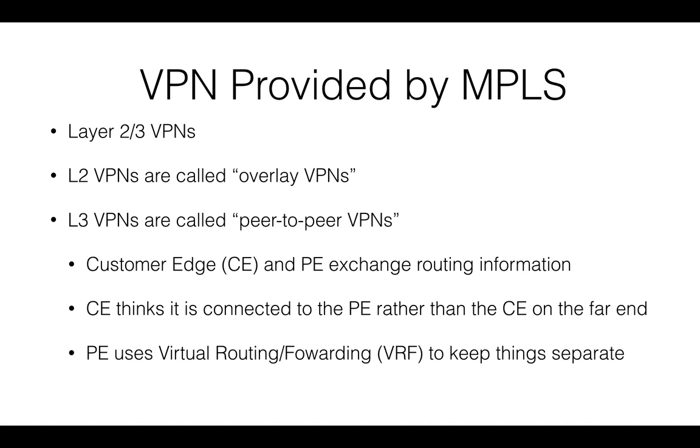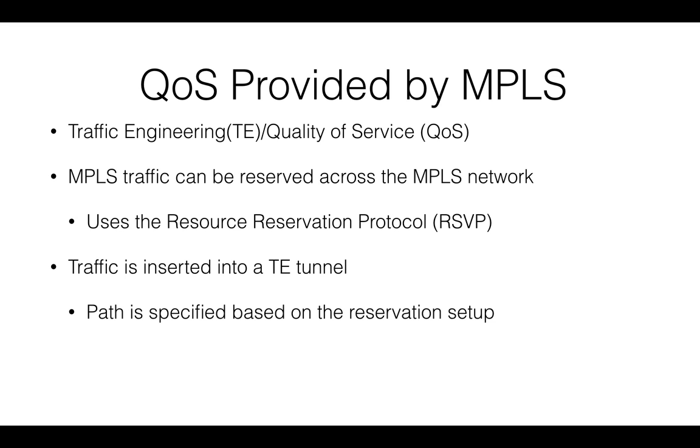Layer 2 VPNs, dealing only with the Ethernet frames, are called overlay VPNs. Layer 3 VPNs are the traditional IP-based VPNs, like we've seen before with site-to-site or peer-to-peer VPNs. We know quite a bit about those at this point, so we'll skip over that. For quality of service, we can tag the packets with a classification, or that COS, and based on that COS value, we can assign network resources to those packets.